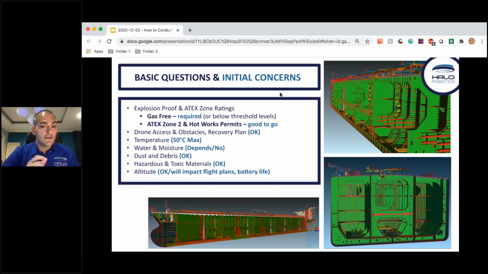Hazardous and toxic materials, that's okay, as long as they're not flammable or explosive. I'll give you an example: an acid gas stripper, which is an asset in the oil and gas industry. Typically, when they do an inspection, they will not just wait for it to be gas free or flush it with nitrogen.